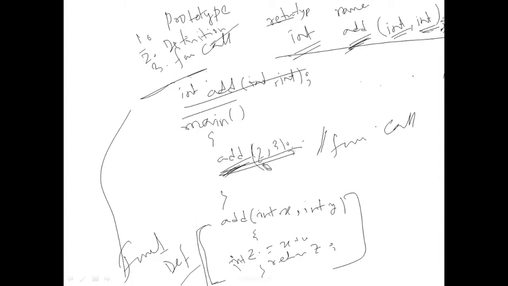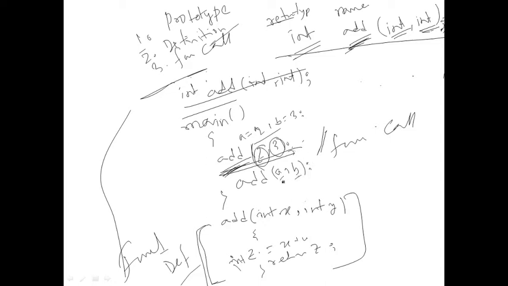Now, based on the values you are sending, 2 comma 3, sometimes you can send like this: add a comma b. Here a and b are variables, so you must have defined a and b as variables before you use them in your program.